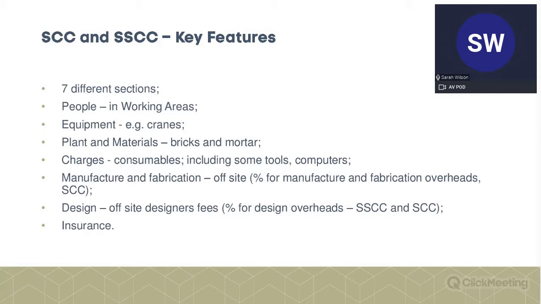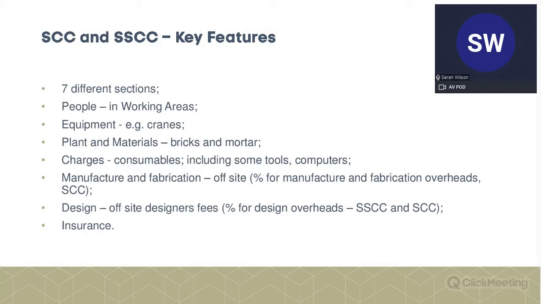So the sections are set out there. It's each of those bullet points after the first one. The first one is people, second equipment, third plant and materials, fourth charges, fifth manufacture and fabrication, that's off-site. Next one is design, and the final one is insurance.